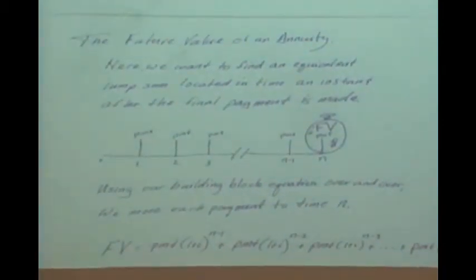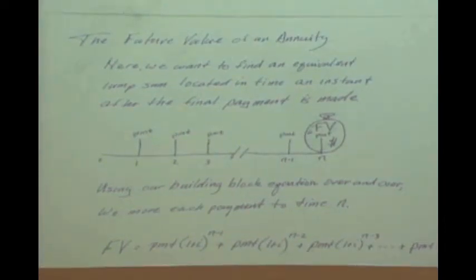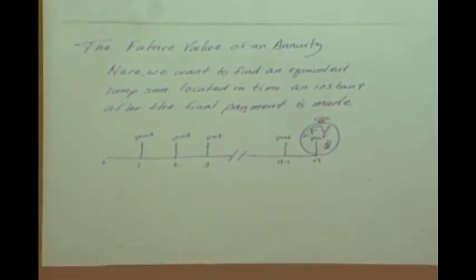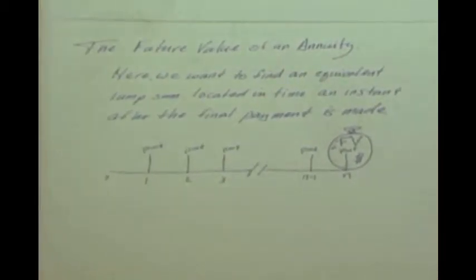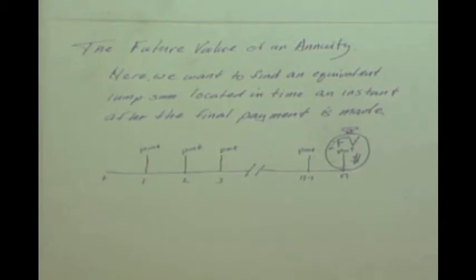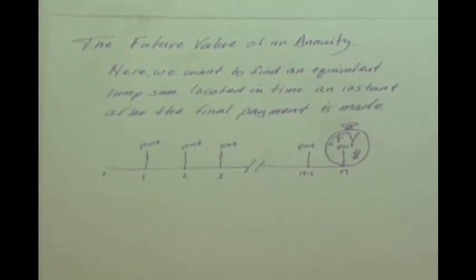Now let's look at the equation for the future value of an annuity. Here, we want to find an equivalent lump sum amount represented by that money bag located just one instant in time after the last payment has been made or received.